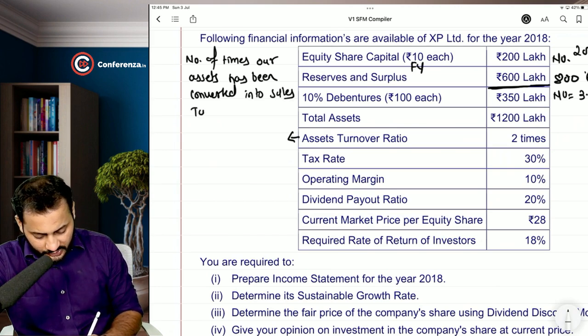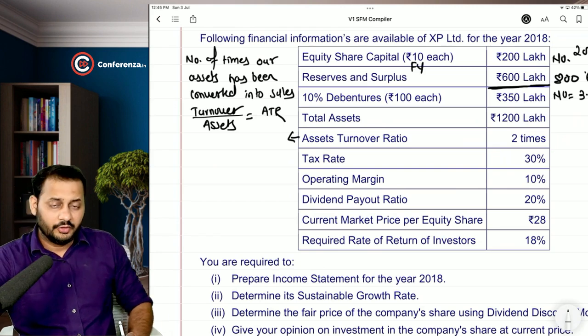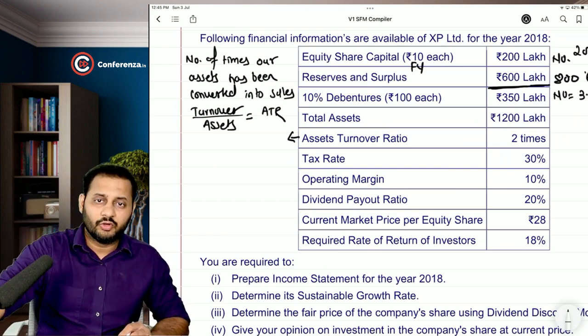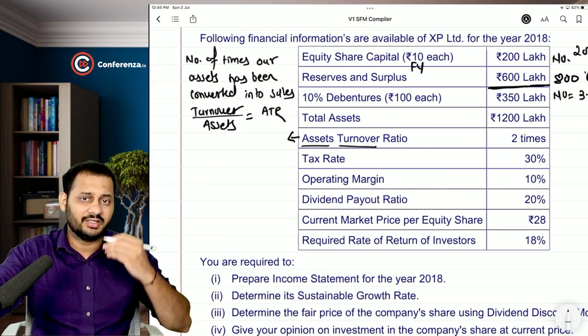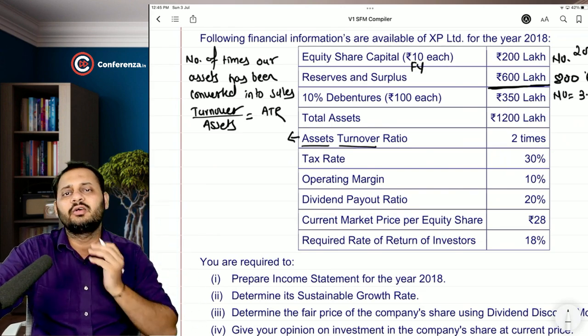So the formula is turnover divided by assets is equal to asset turnover ratio. Don't misinterpret the formula. It is asset turnover ratio, so don't put assets in the numerator and turnover in the denominator.